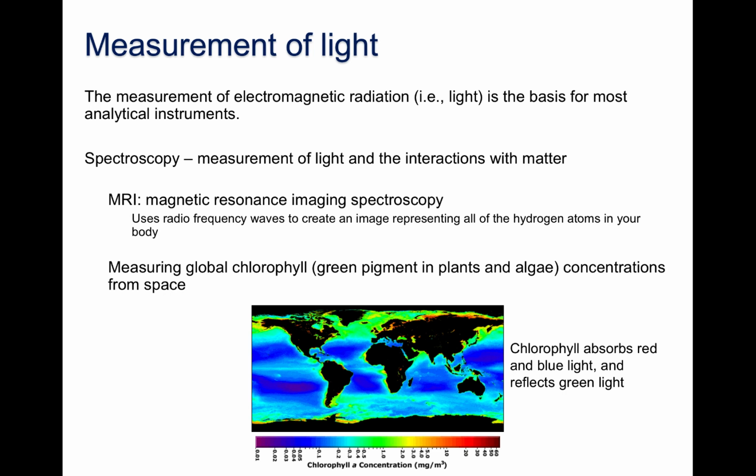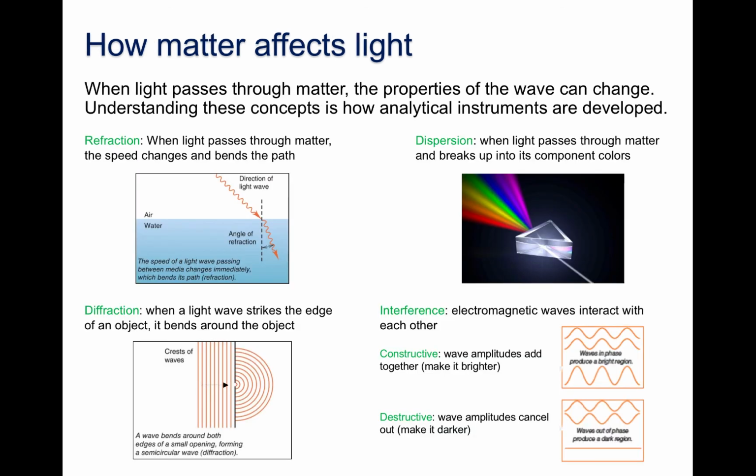But now, since we understand the way that light interacts with chlorophyll, we know that it absorbs red light and blue light at specific wavelengths and reflects green light. So we can use satellite measurements. We can send a light signal out of specific wavelengths and get an idea of the global chlorophyll concentrations immediately. And so we can get these updates nearly every day, which has really helped to advance the field. In order to build good instruments, we have to understand how light and matter interact with one another.